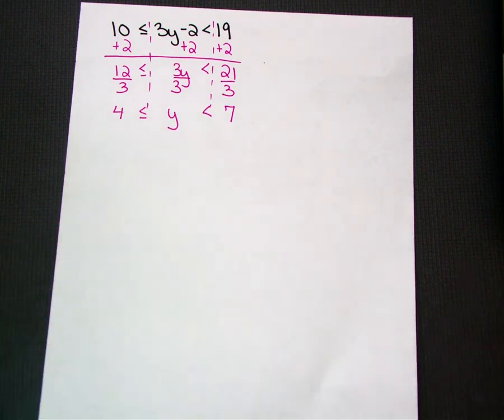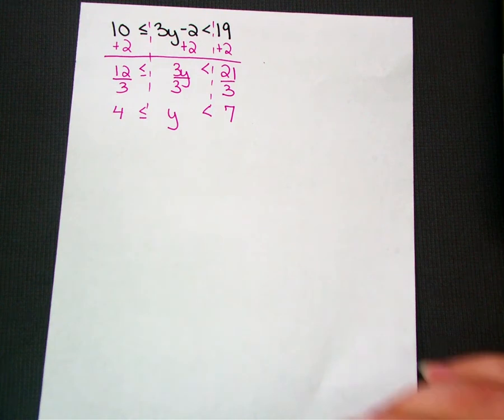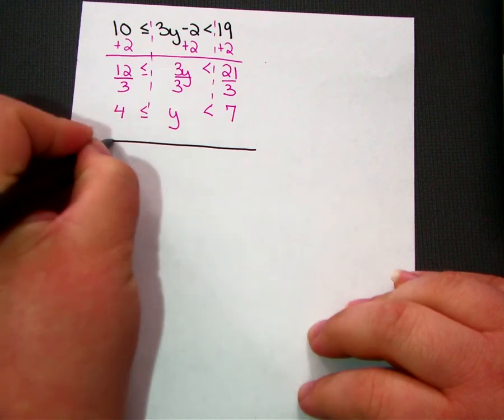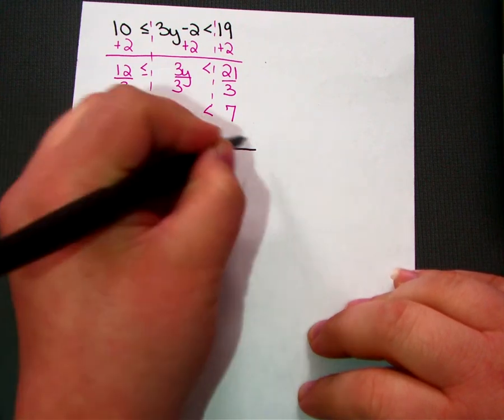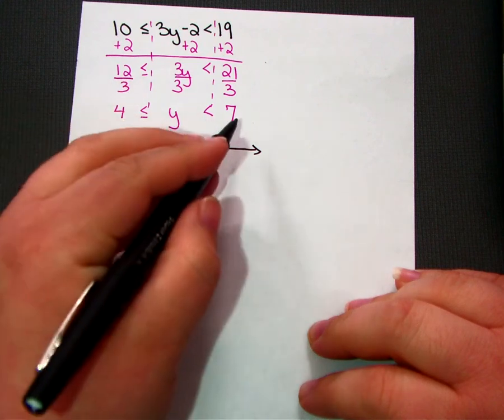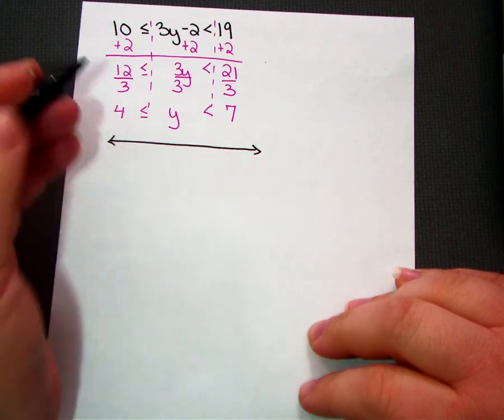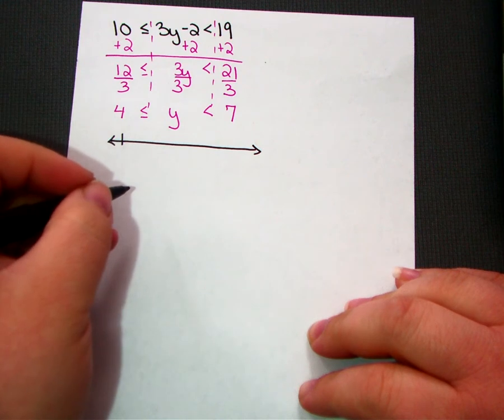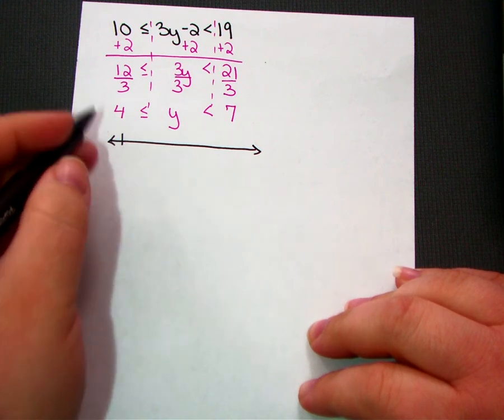We've also been tasked with graphing this solution set on a number line. Now, yesterday, we only had 1 number to contend with, and we put that number right in the middle. Today, we have a couple of numbers to contend with. So what I would like you to do is to make sure that you include at least 1 number on either side of these numbers. So my number line is going to go all the way from 3 all the way up to 8.